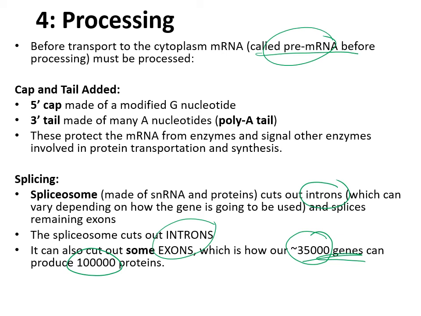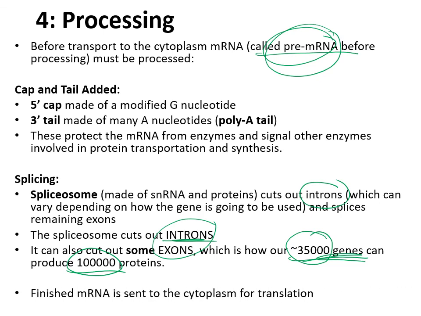If you take out, let's say, all the introns, you'd get one particular version of the mRNA for the protein, but maybe if you left some of them in, you'd have the same original information, but you'd be leaving some of those introns in, and so you'd have a different version of the mRNA, which could make a different protein. So we have fewer genes, but they can actually make more proteins based on how the mRNA is processed. Even if it's the same mRNA piece, it could be processed differently, getting a different protein.